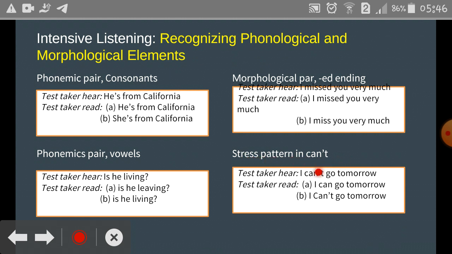For example, I can't go tomorrow. The test taker will read I can go tomorrow or I can't go tomorrow. So here, in intensive listening, the student will only need to recognize the different phonological and morphological elements.